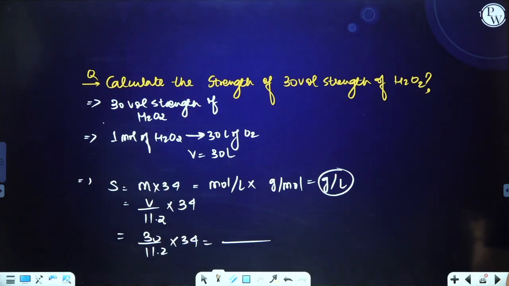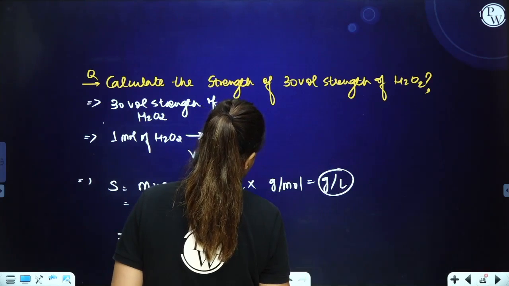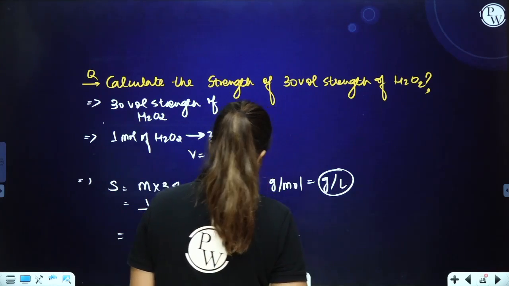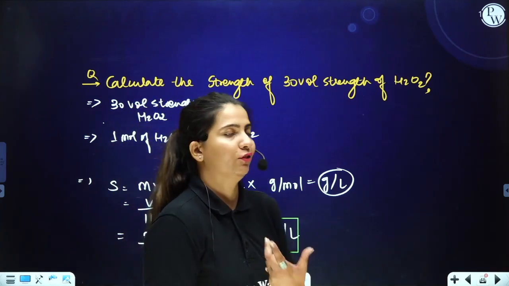What is the answer going to be? We are going to get 30 divided by 11.2 into 34. So it is coming out to be 91 gram per liter. 91.04 gram per liter.